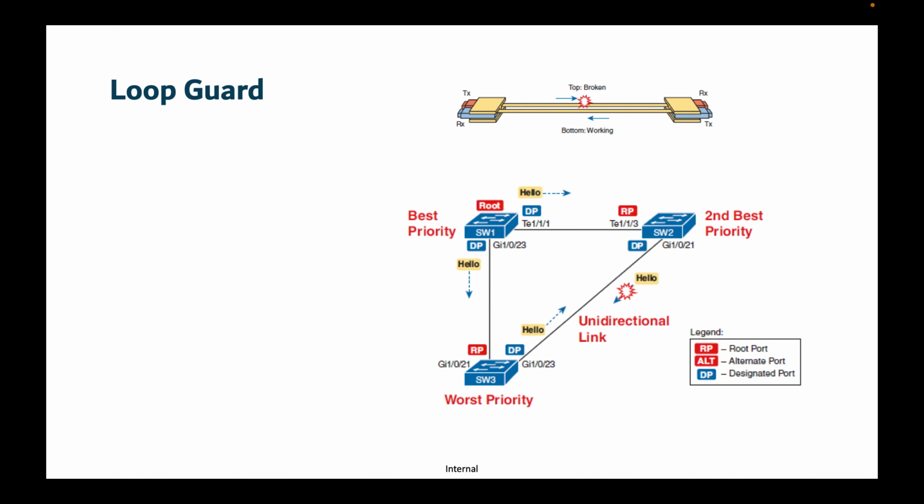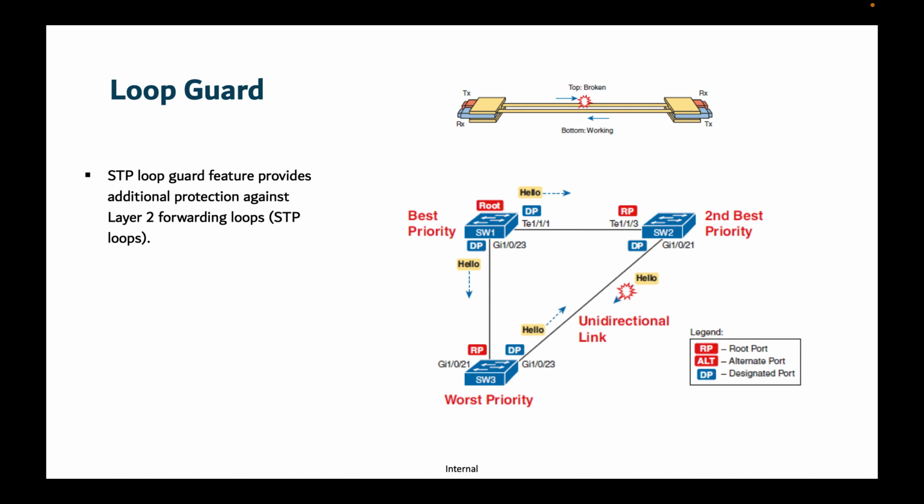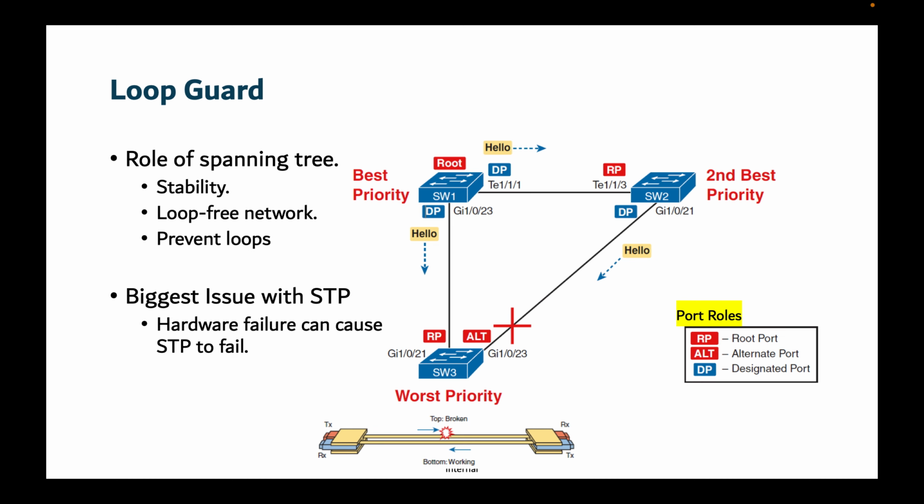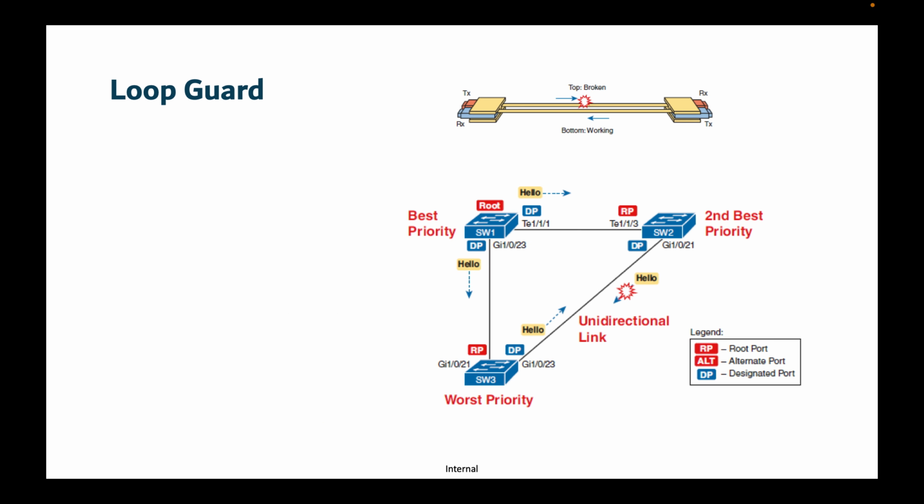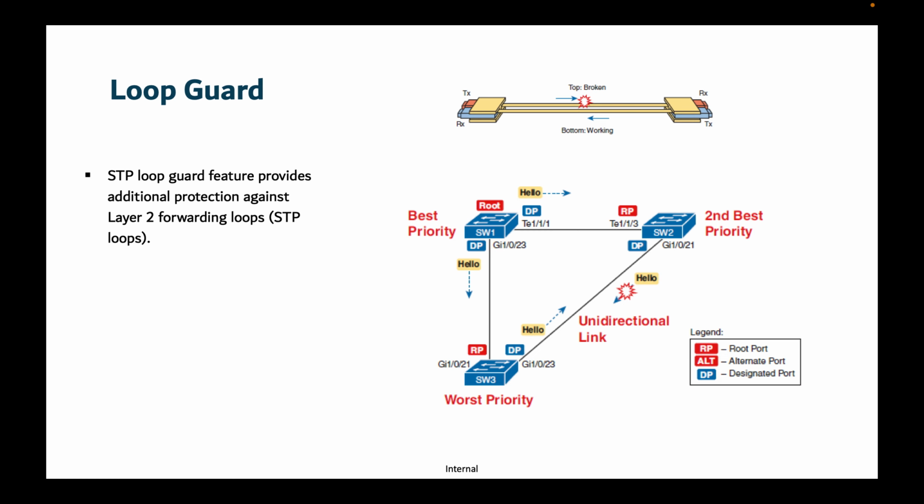An STP loop is created when an STP blocking port in a redundant topology erroneously transitions to the forwarding state. In the previous topology, if you see, our Gi 1/0/23 was in the blocking, alternate port role. Here, due to a unidirectional link failure, the port has moved into the designated role.